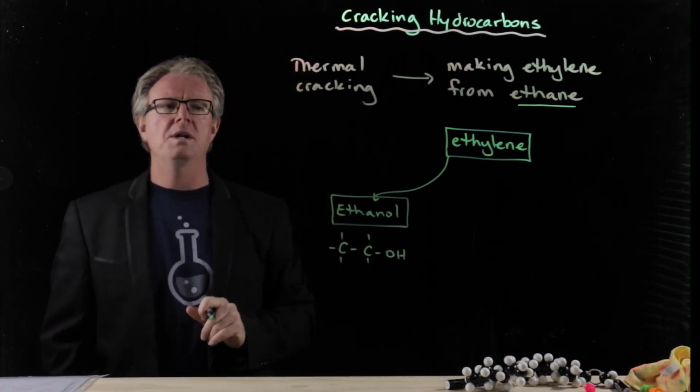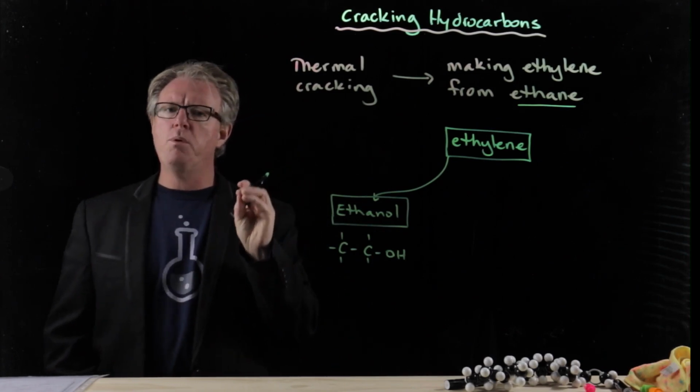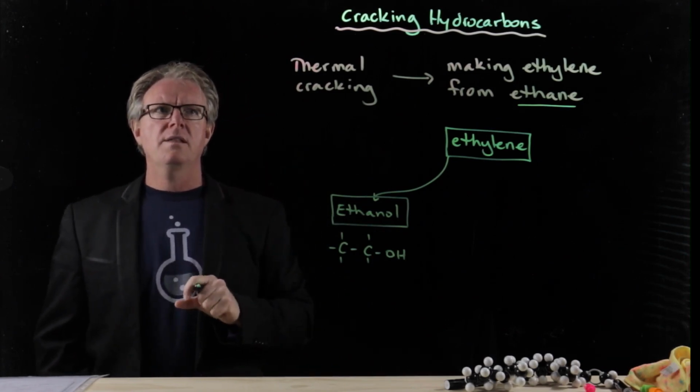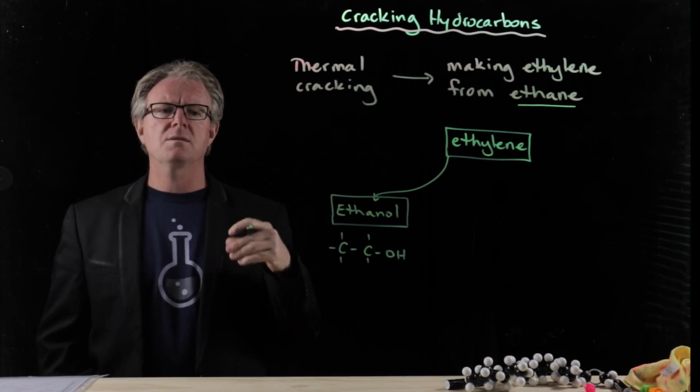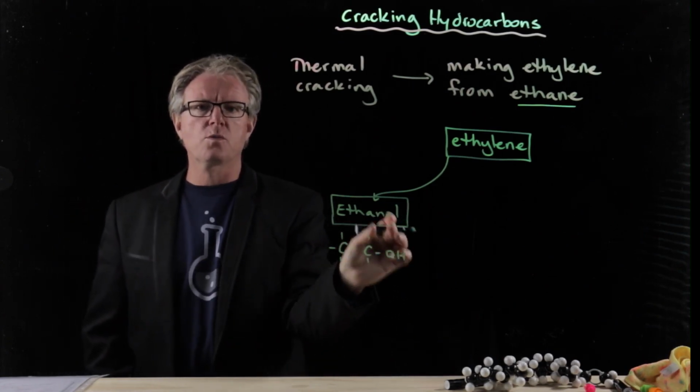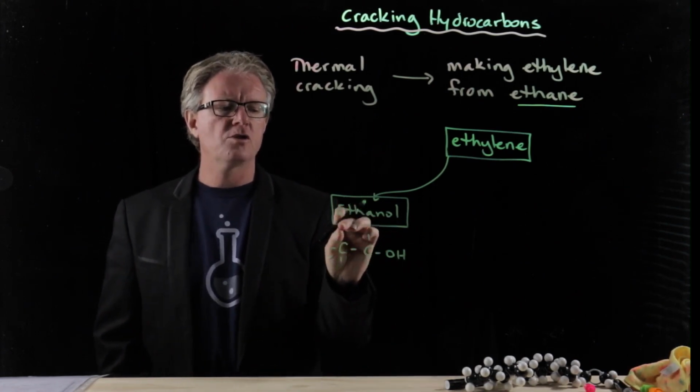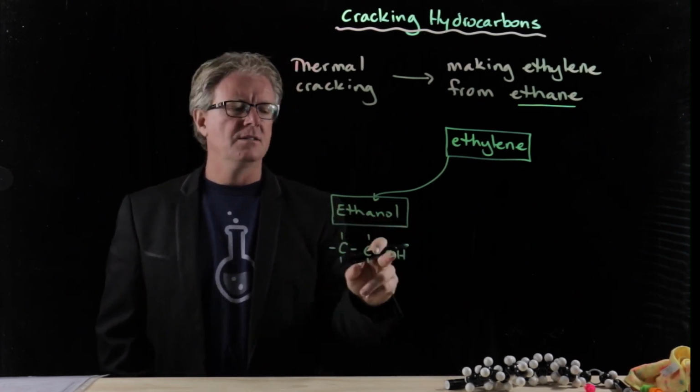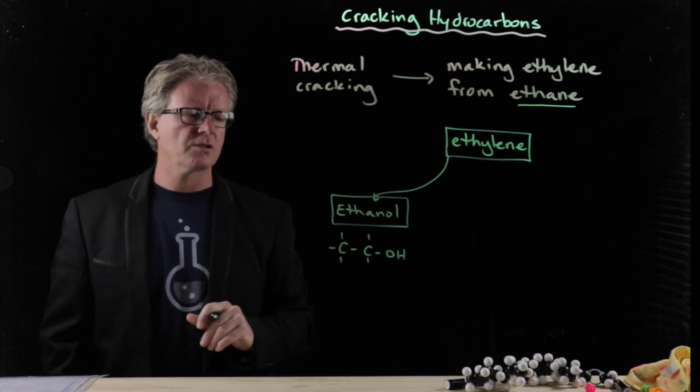A functional group is a specific portion of the molecule that contributes towards its properties. The OH is the important part of the molecule that contributes to the properties of ethanol. So we have an OH or hydroxyl functional group there.